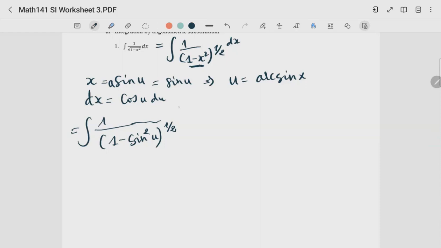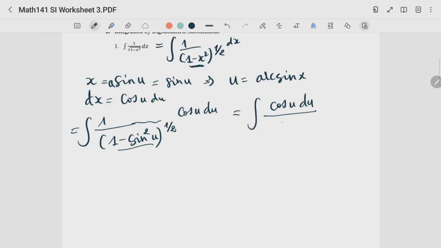and dx is just cos u du, which can be simplified further to be basically cos u du divided by 1 minus sine squared, which is just cos squared, right?